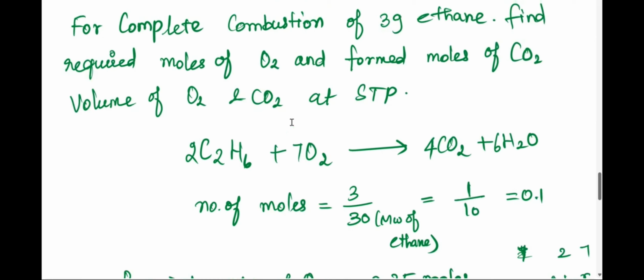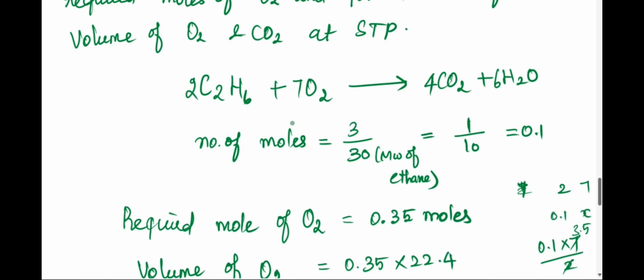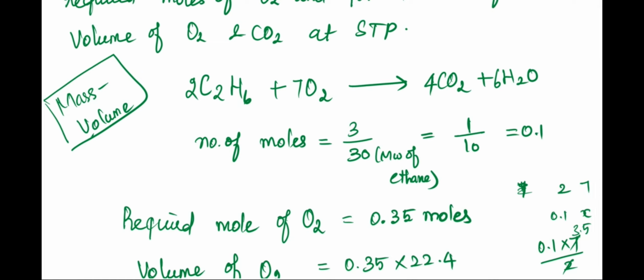Here you can see they are asking it with mass with the volume of gas produced upon the combustion of the solid, mass of ethane, right? So this is mass to volume relationship. Okay, what about the next category?